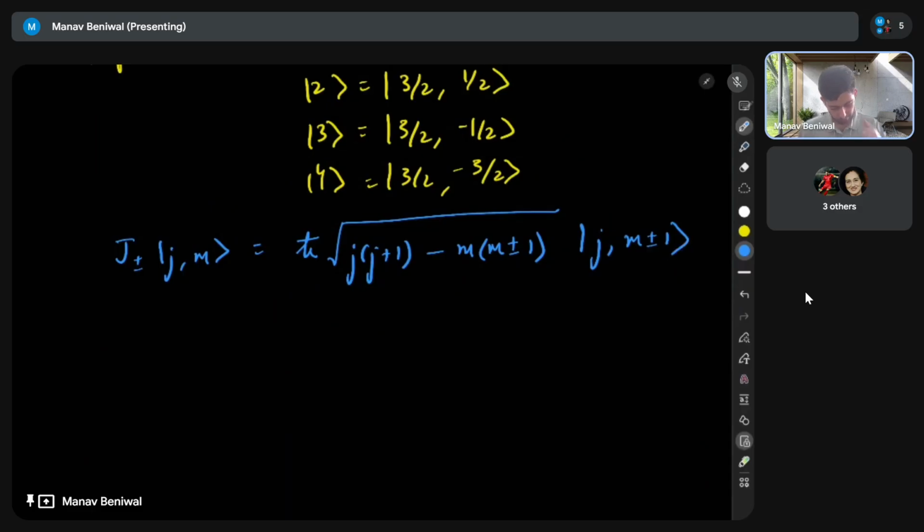If we are doing J plus, then our m is increased by 1. If we are doing J minus, then m is reduced by 1, right? So this is our final state.